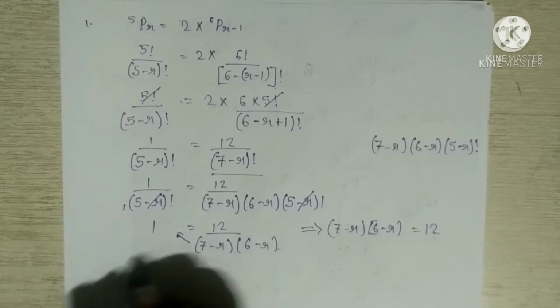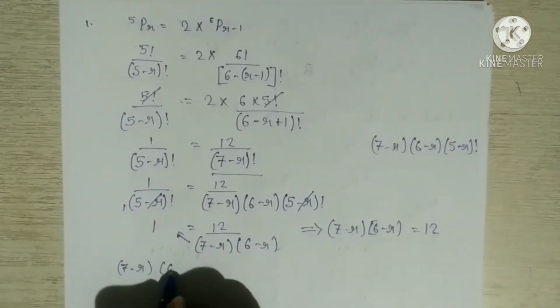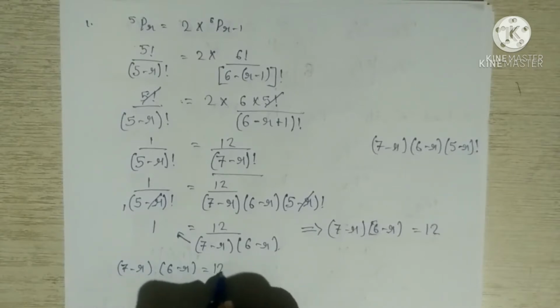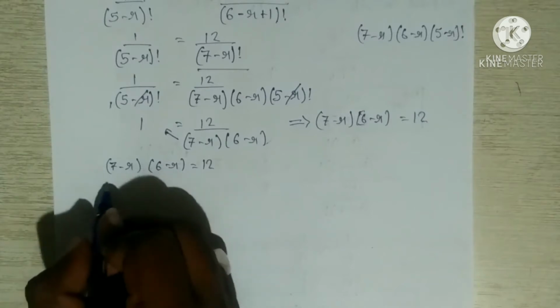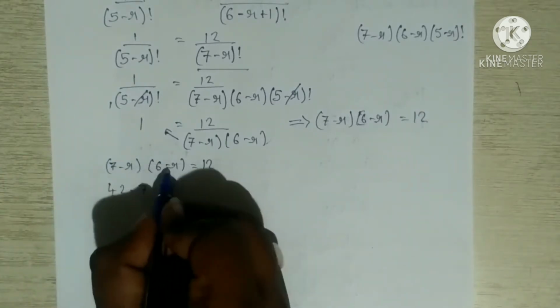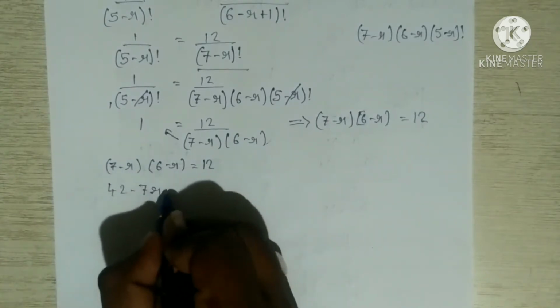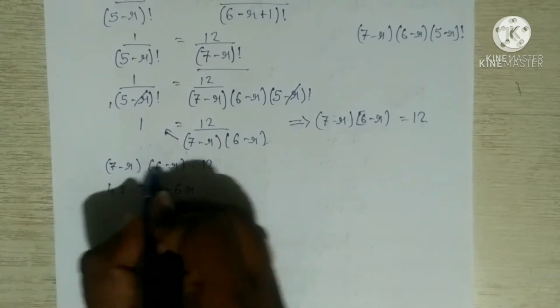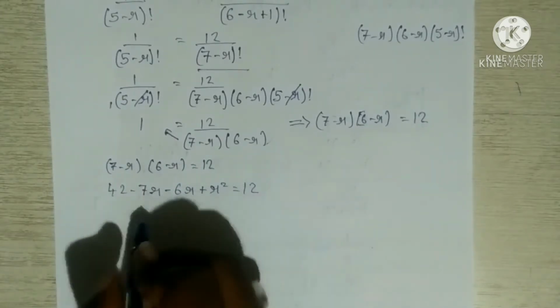Then multiply (7-r) into (6-r) is equal to 12. If you multiply, 7 times 6 is 42, minus 7r, minus 6r, minus r into minus r is plus r square, which will be equal to 12.